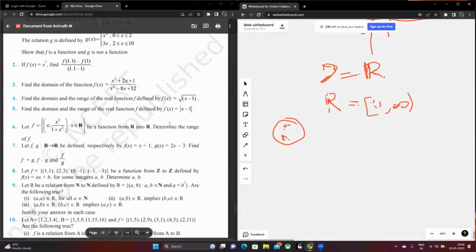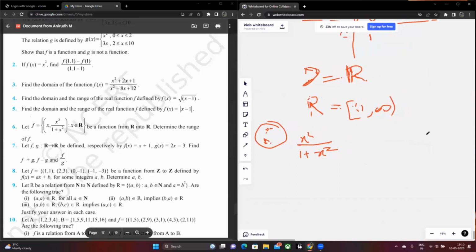Now the range of f is this part, because the range is always determined by the second element of each coordinate pair, and x belongs to R. So if you find the range of x square by 1 plus x square, then you determine the range of f also.